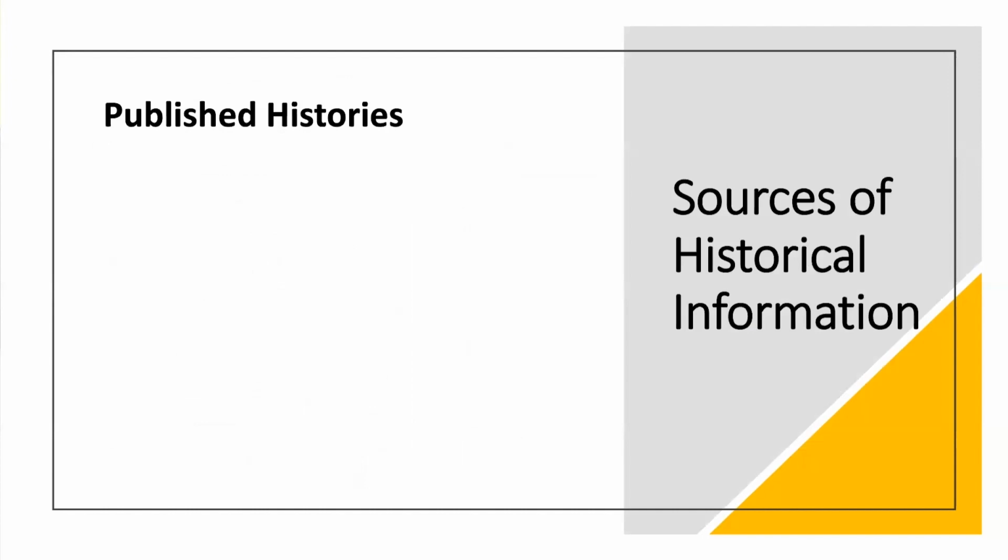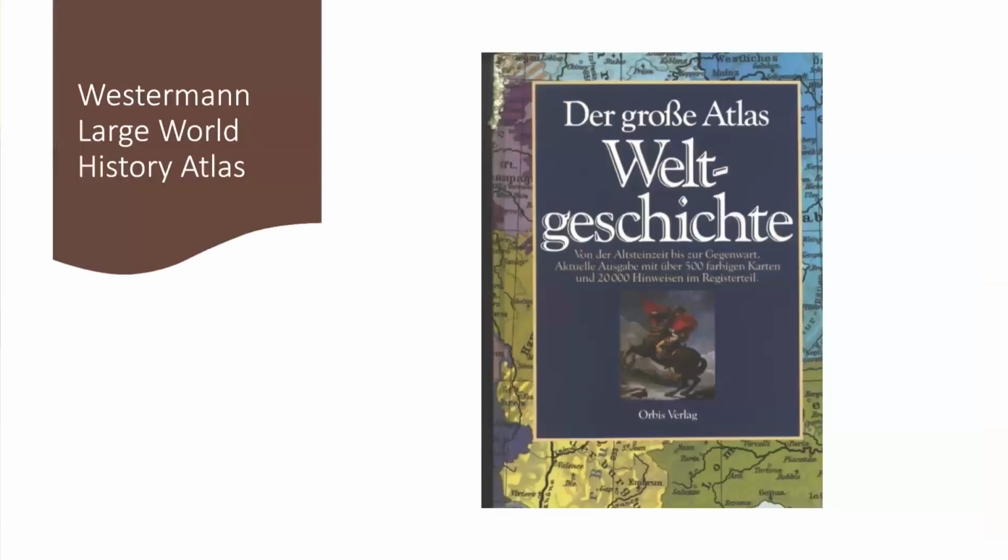As was mentioned, sources of historical information also include historical atlases, encyclopedias, and periodicals on the internet. This World Atlas, although written in German, is easy to use, with each map being identified by the date or time period, as well as the locality or the area the map pertained to.